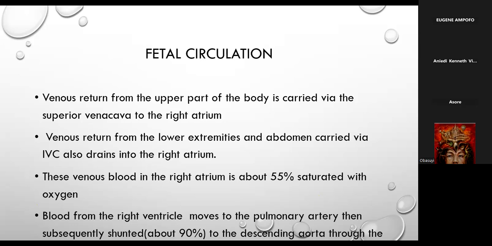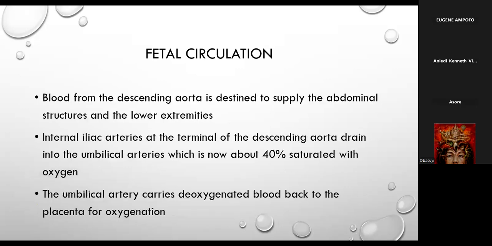And in this pulmonary artery, about 90% of this blood is shunted through the ductus arteriosus into the descending aorta, usually distal to the origin of the left subclavian artery. And then just 10% goes to the lungs. This is needed for proper development of the lungs.